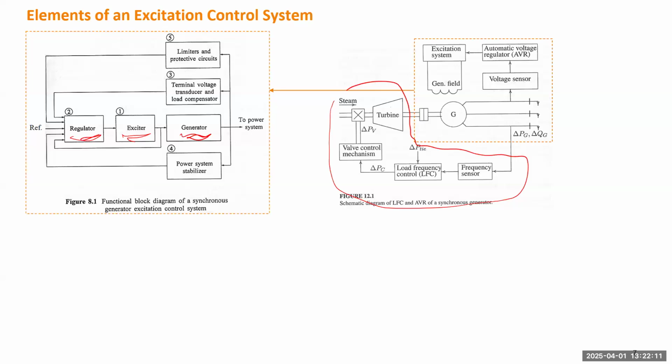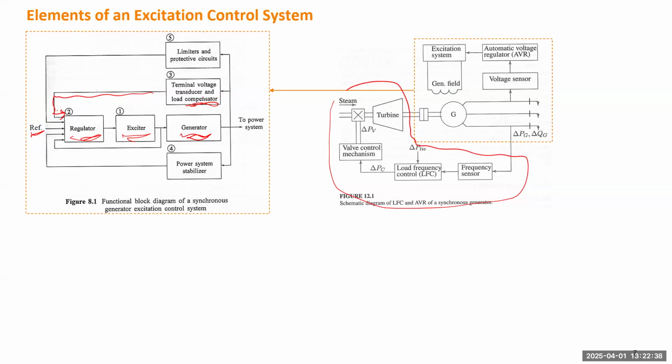And there's also other components to measure the terminal voltage and send it back, like the terminal voltage transducer and the load compensator. They try to measure the voltage signal or other signal back and give it to the regulator. And we also have a reference. So that actually finishes the closed loop.